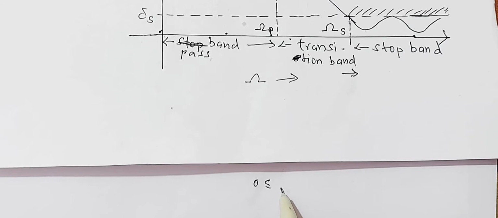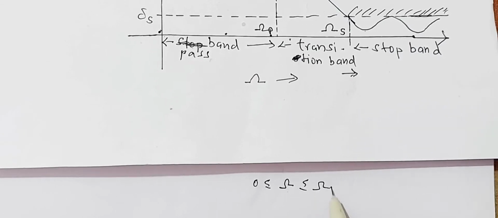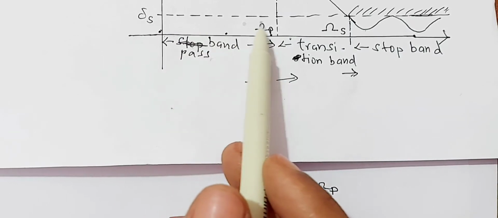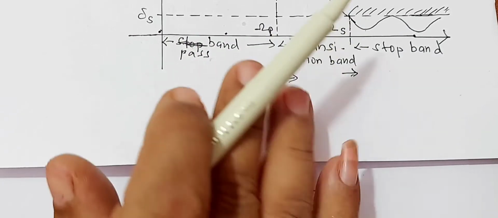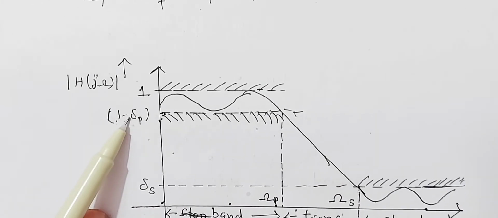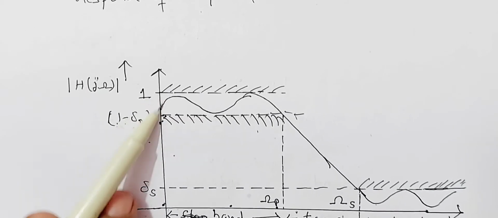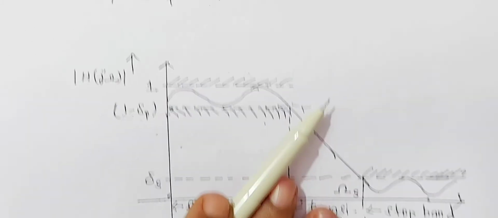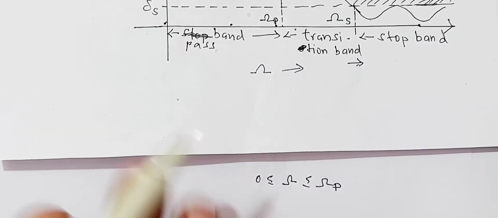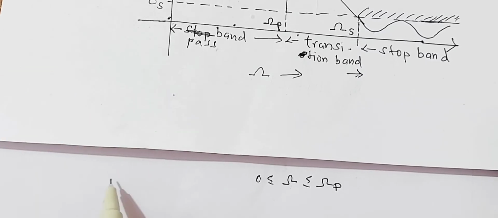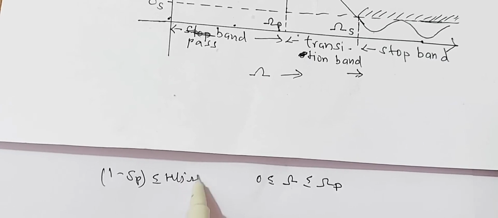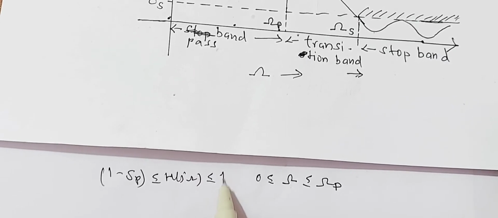Omega p is called pass band frequency, up to which the output voltage is passed. And what is the value of the output voltage? That is, what is the value of h of j omega? 1 minus delta p to 1. Up to this, it is allowed. Therefore, for 0 less than or equal to omega less than or equal to omega p, the value of magnitude frequency response is 1 minus delta p less than or equal to h of j omega less than or equal to 1.